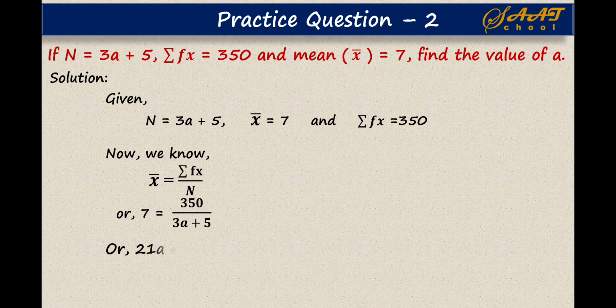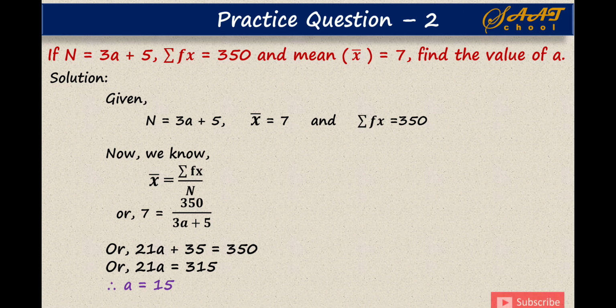So if you solve, the value of a here comes 15. So by this time you should be very familiar using the relation of mean with sum of fx and n. Simply, mean is equal to sum of fx divided by number of terms.